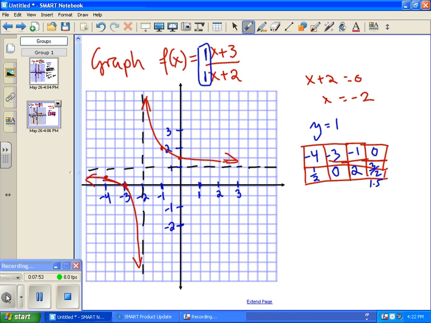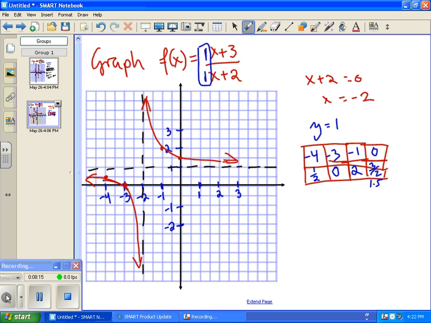Okay, so let's say your problem tells you to find also the x and y intercept. Now, in this case, we already see what it is really easy from the numbers that we pick, but should you have a problem where that doesn't happen, remember that you get your x-intercept from the numerator of this function.